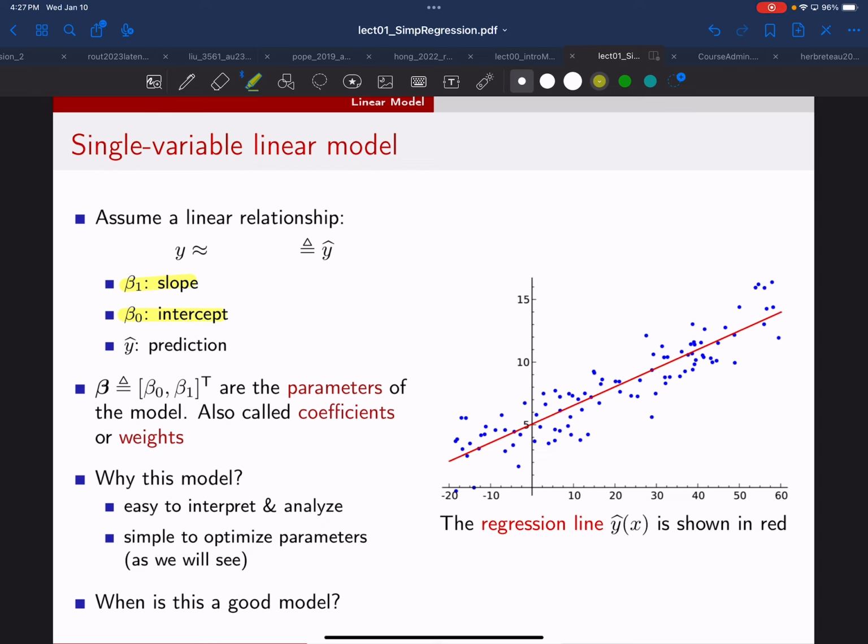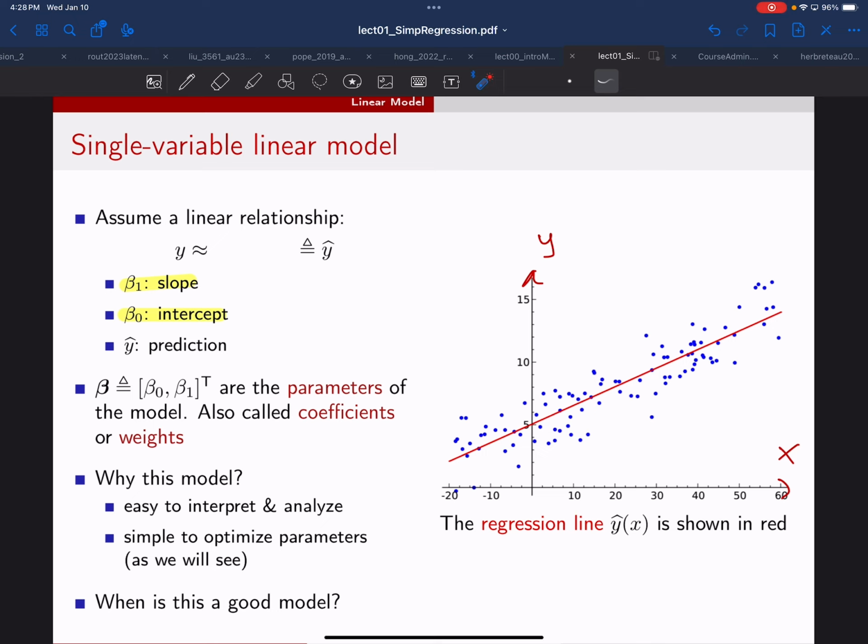And if y is the vertical axis, x is the horizontal axis, how can I write an equation then involving beta 0, beta 1, and x? So let me call in someone random. So let's see, is Aiden here?